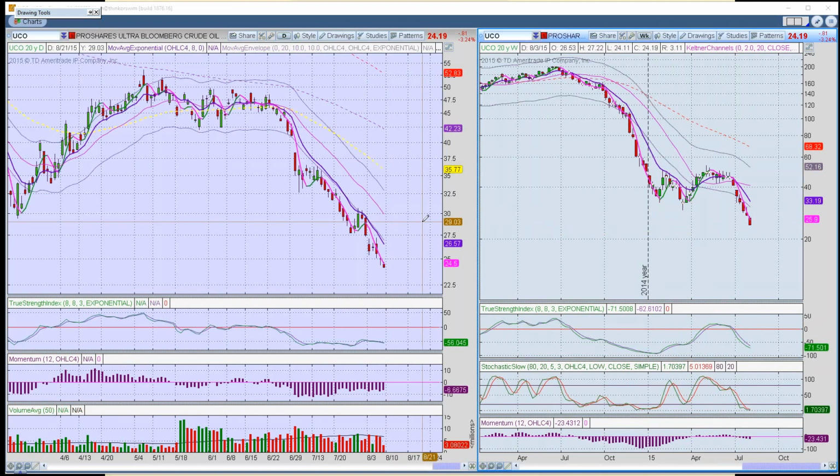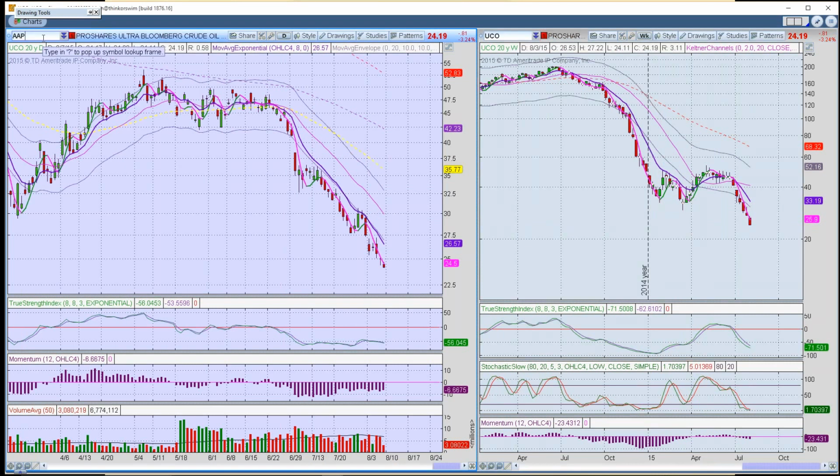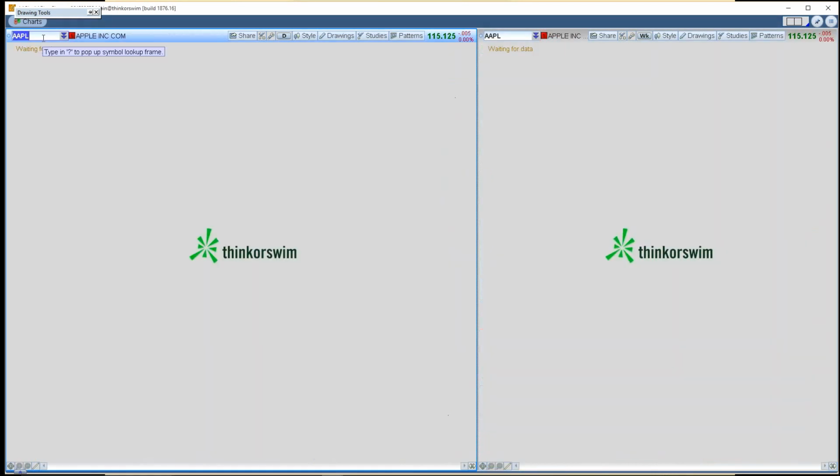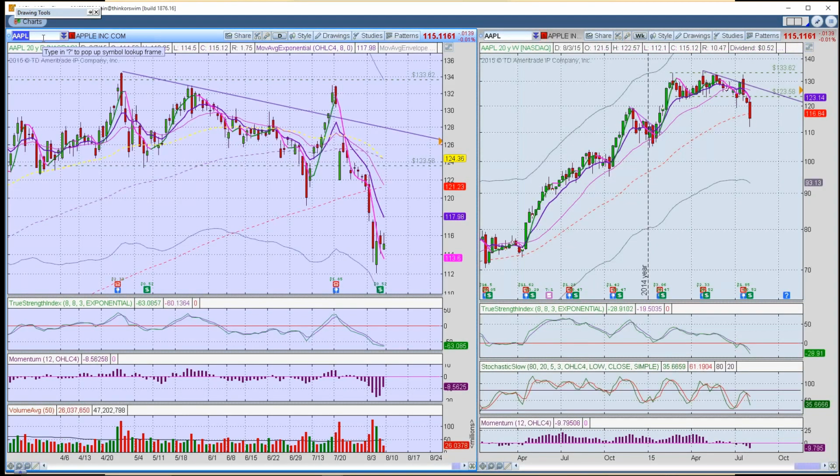Let's see. I am open for any stocks, folks. Let's take a real quick look at Apple and see what Apple's doing, because Apple does, as we know, have a huge influence especially on the S&P, the NASDAQ and the Dow. And as we can see, Apple is now in a downtrend.